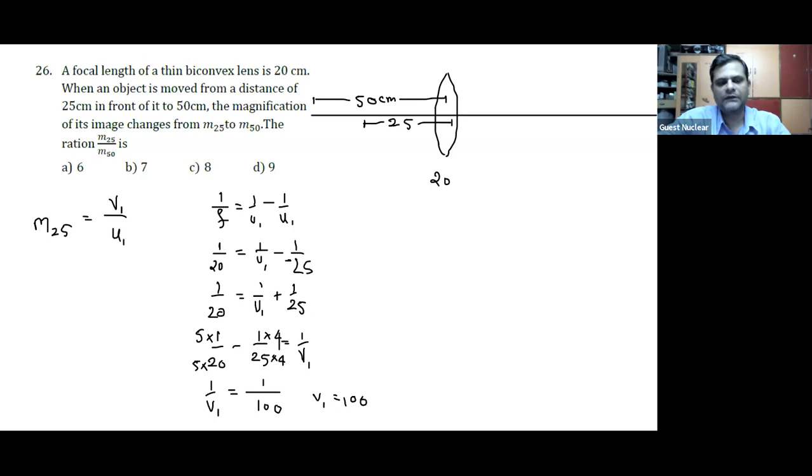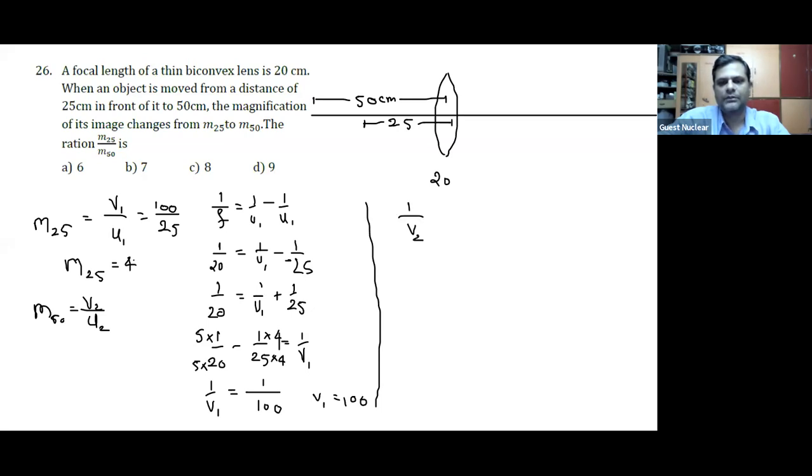Okay, so M25 can be obtained to be simply 100 upon 25. Okay, so that this M25 will be actually 4 here. In the same way, we can just do it for M50 also, but M50 will actually be the ratio of V2 upon U2, where V2 can be found out by using lens equation once again.